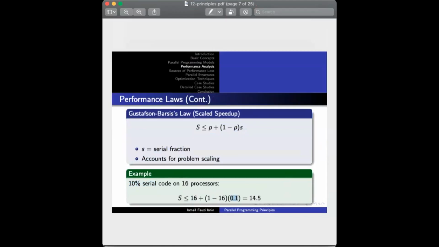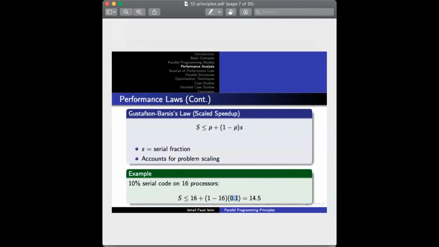If we scale our problem size up across 16 processors, our maximum scaled speedup is calculated as 16 plus (1 minus 16) times 0.1.